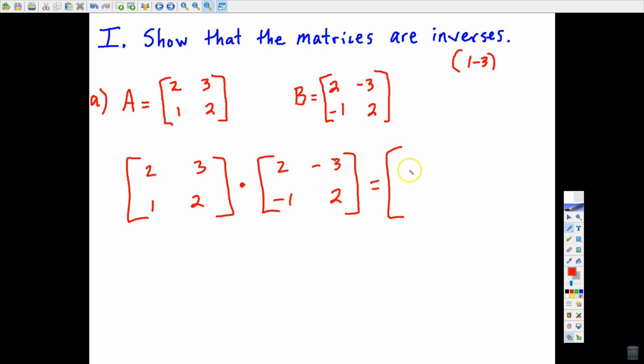So to get this top left element of the product, I'm going to do 2 times 2. Remember, we always add when we're multiplying matrices together. And now I'm going to multiply 3 times negative 1. When I put these together, 4 plus negative 3 is 1.